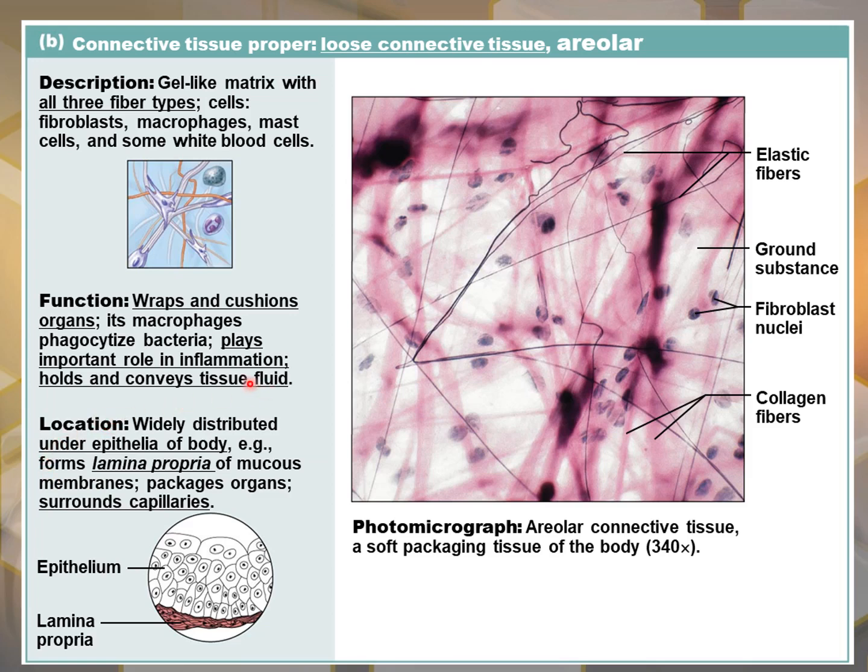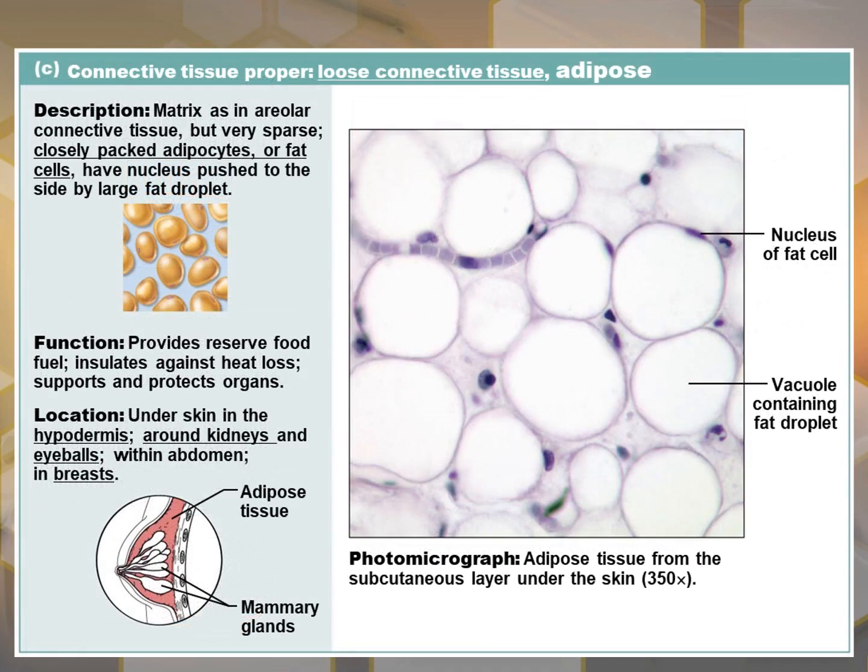So it surrounds capillaries, okay? So it surrounds blood vessels. It surrounds different organs, okay? But again, it's a big one that underlies epithelial tissue, okay? It plays an important role in inflammation because it does have a lot of these white blood cells sitting in there. So it's kind of a first line of defense, right? Okay.